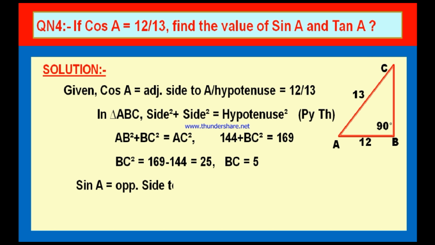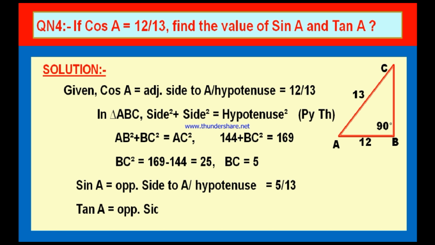Now let us find sin A. Formula to find sin A is opposite side to A by hypotenuse. Opposite side to A is BC, whose value is 5, by hypotenuse, which is 13. Therefore, sin A is equal to 5 by 13.